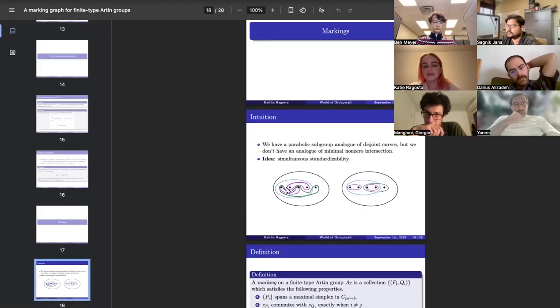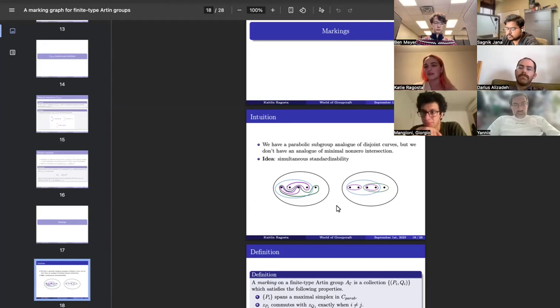And then the blue curve is an acceptable tracker curve for the green one, right? So it intersects the green one minimally, and it doesn't intersect the purple curves. And you can imagine untwisting this green one and these purple ones inside of the blue curve without doing anything outside of it. And then I get to the picture on the right. So there's a single element of the mapping class group which sends the picture on the left to the picture on the right. That is not a proof that simultaneous standardizability and minimal intersection are the same thing, but it's some intuition for why this is maybe a reasonable substitution.